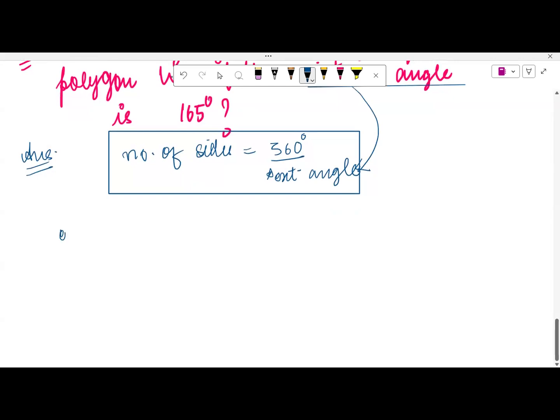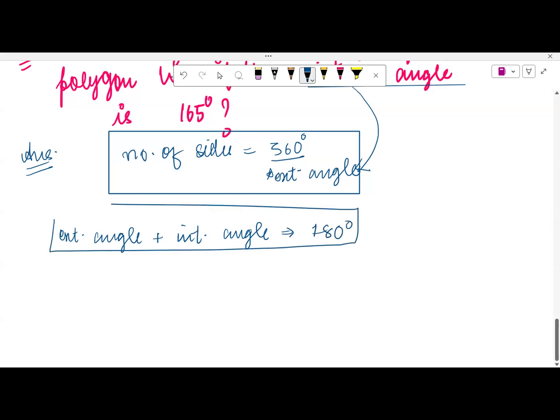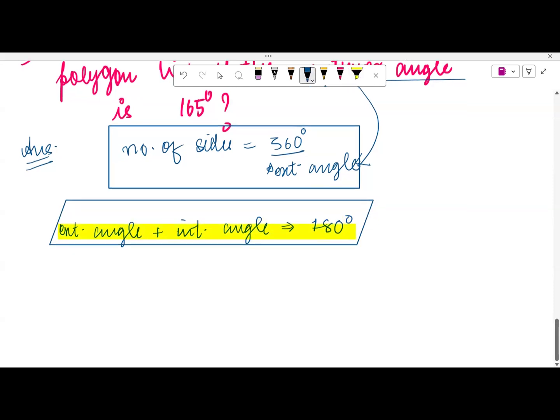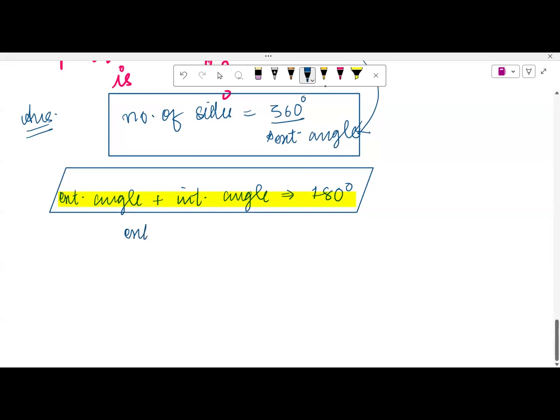So basically, exterior angle plus interior angle. The sum of exterior and interior angle is equal to 180 degree. So exterior angle will be equal to 180 minus 165, which is equal to 15 degree.